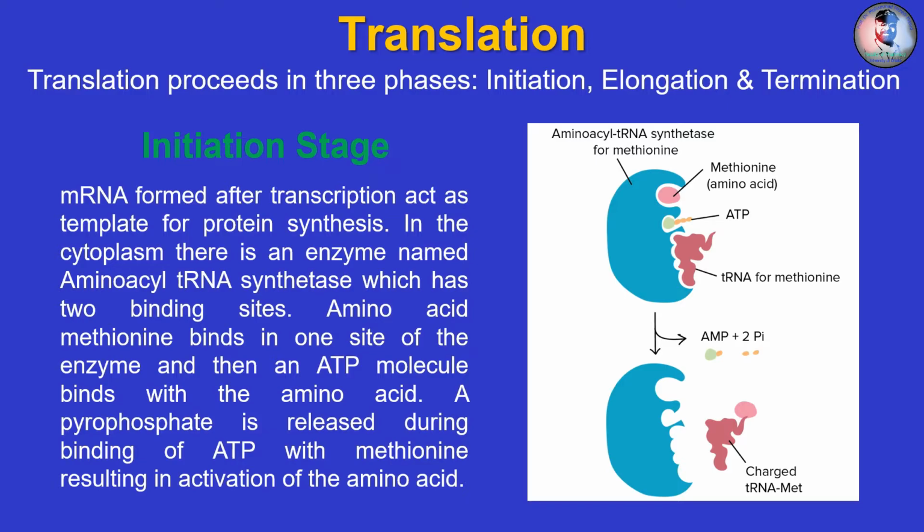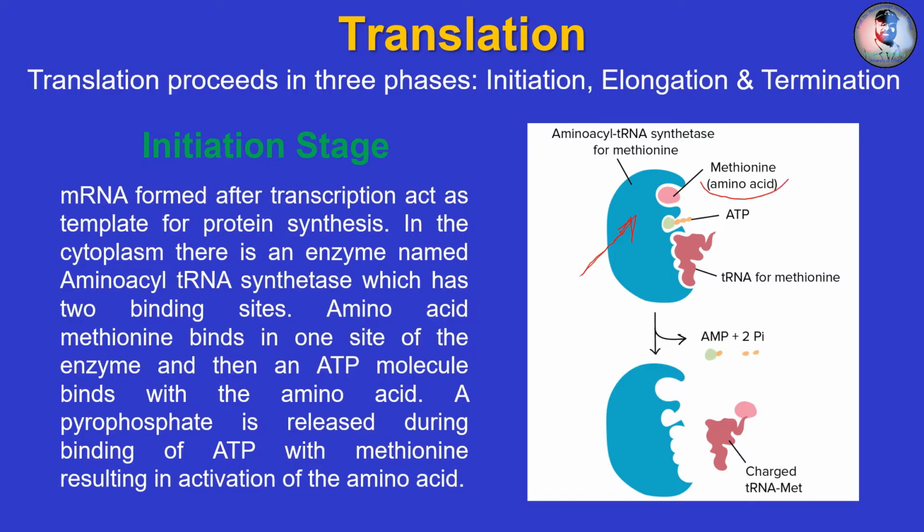Initiation stage. Messenger RNA formed after transcription acts as a template for protein synthesis. In the cytoplasm, there is an enzyme named aminoacyl tRNA synthetase, which has two binding sites.